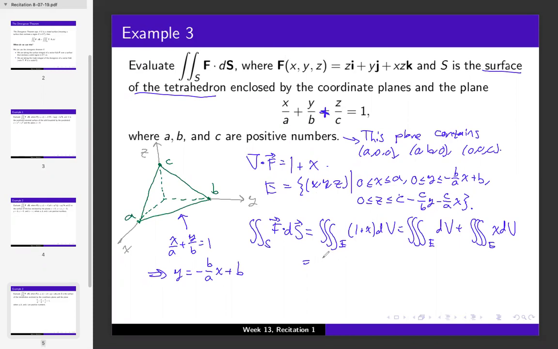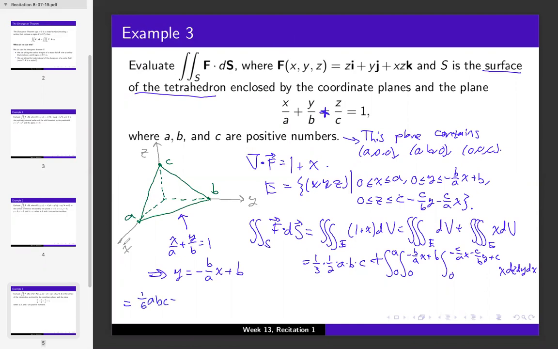The first volume is going to be 1/3 times the area of the base times the height, in other words, 1/3 times 1/2 times the base, which is a times b, times the height, which is c, plus the integral from 0 to a, integral from 0 to negative b over a x plus b, integral from 0 to negative c over a x minus c over b y plus c of x dz dy dx. So we've got 1/6 abc.